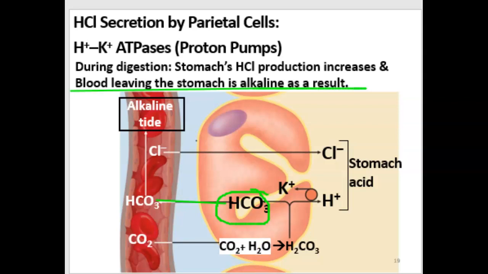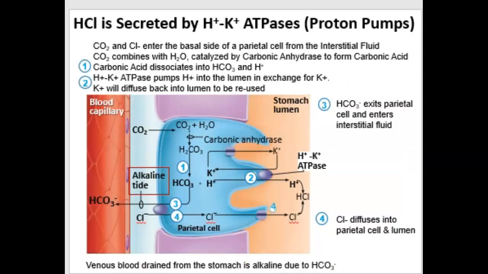And I want to show you the slide or the picture that is present in your textbook. And I've gone through and I've kind of changed the numbers a little bit, but you can walk through it with these numbered steps.